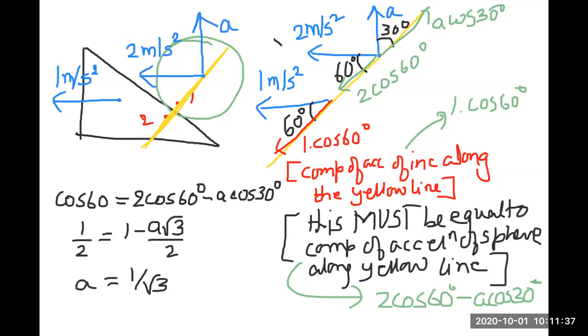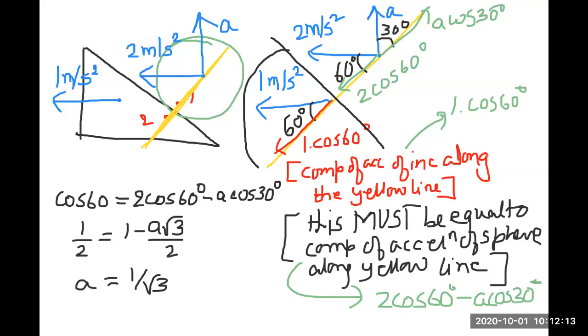So I want to tell you that look, these two diagrams are separated from each other. This part is dealing with acceleration of the incline, and the other part is dealing with the acceleration of the sphere. That is why the components of acceleration of the sphere I have written in green, and the components of acceleration of the incline I have written in red.